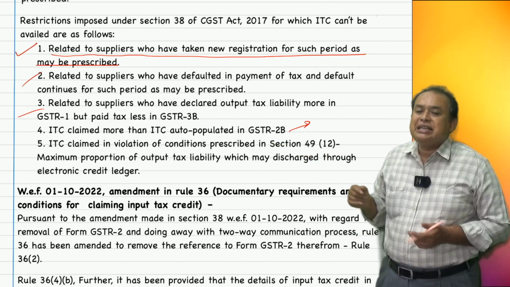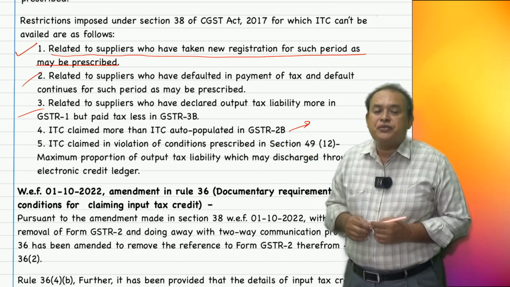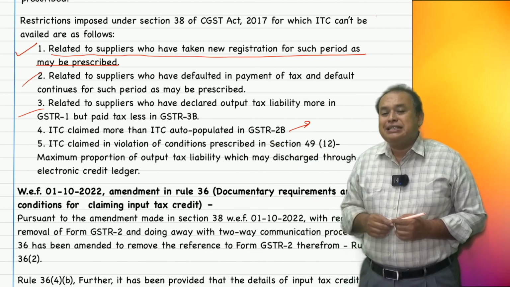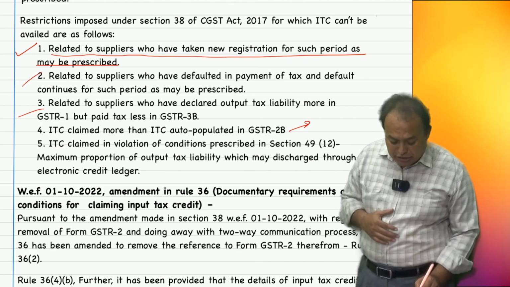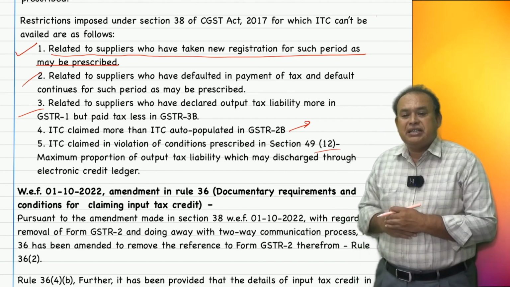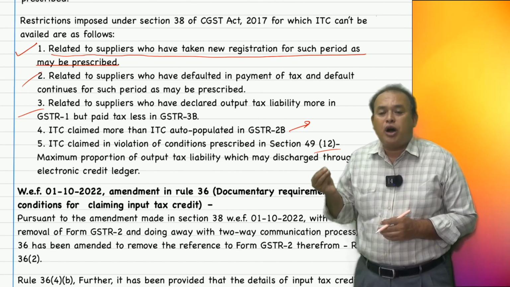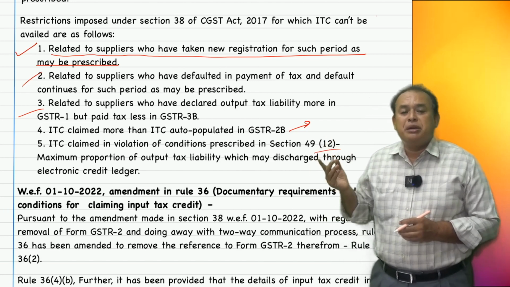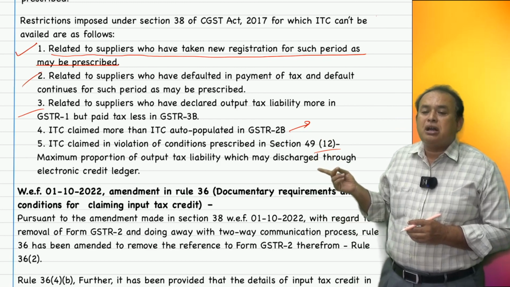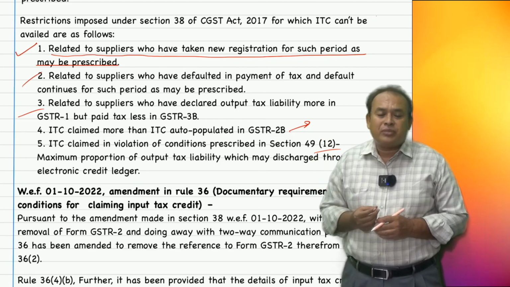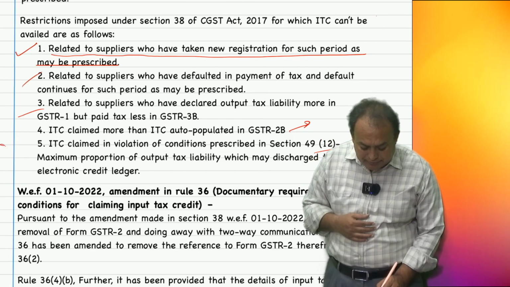Further, ITC claimed in violation of the condition prescribed in section 49 subsection 12 of the CGST Act, namely the maximum proportion of output tax liability which may be discharged through the electronic credit ledger. What do you mean by this point, sir?